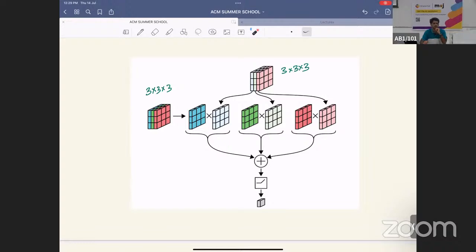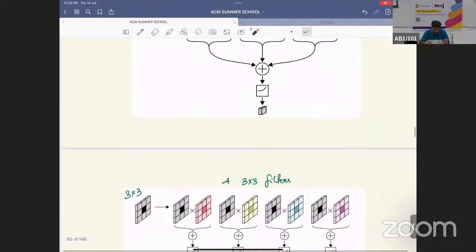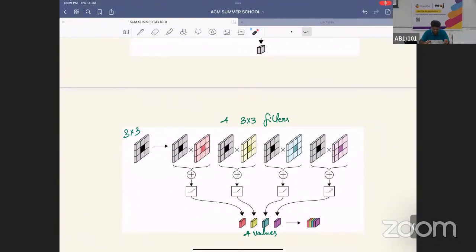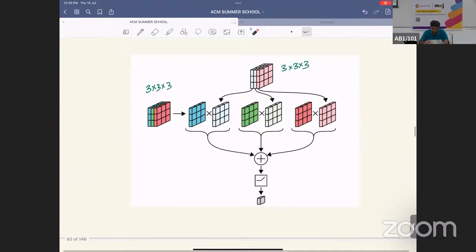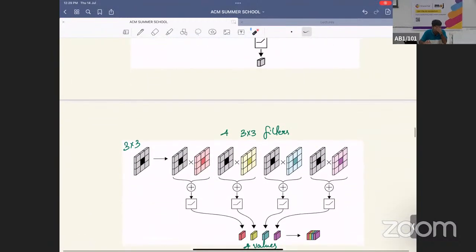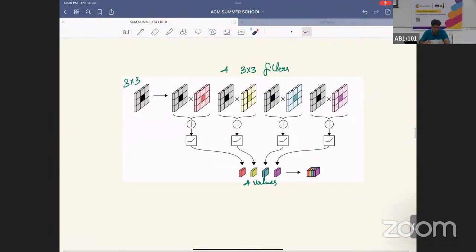Okay. So now let's have another variation of this scheme, which you will see in several CNNs. Now you have only a 2D input, a matrix, a 3x3 one. But you want more values as output.